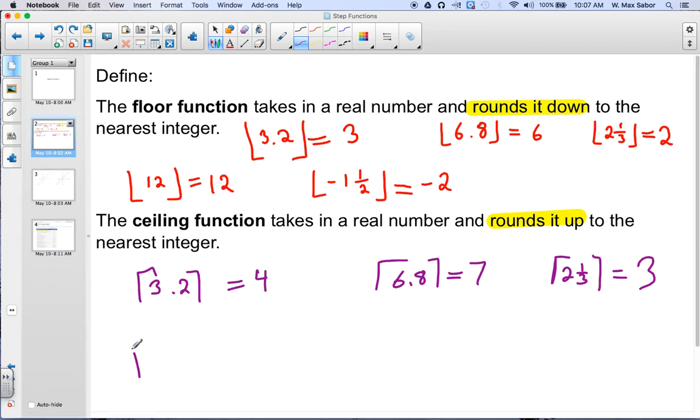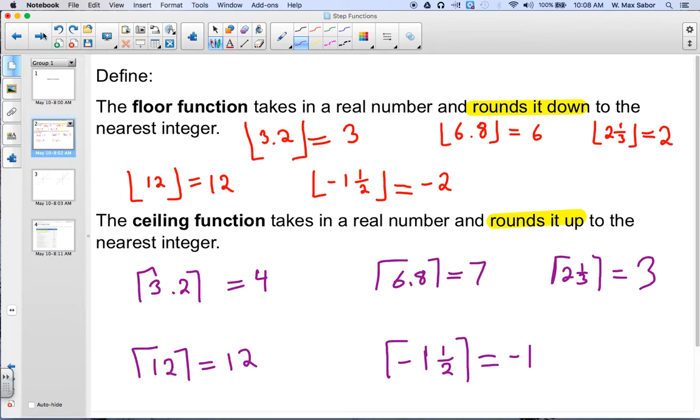Of course, any integer will stay the same because when we round an integer, it stays the same. And it still goes the opposite way for negatives. When we're rounding negative 1.5 up, it's between negative 1 and negative 2. Negative 1 is the bigger number, so the ceiling of negative 1.5 is negative 1.